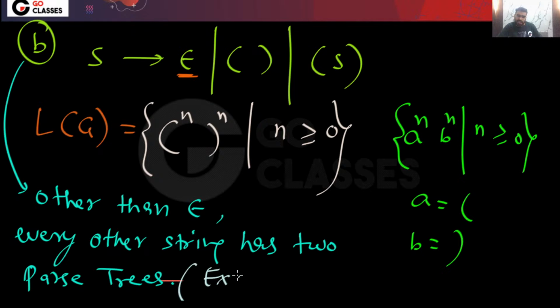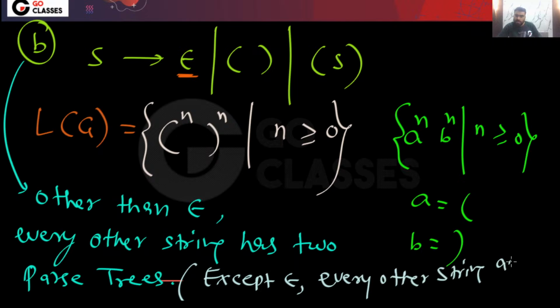So I can say that except the empty string, every other string is ambiguously derived.